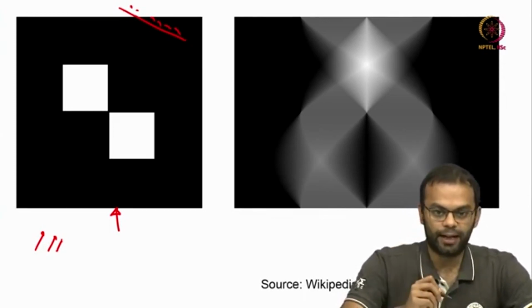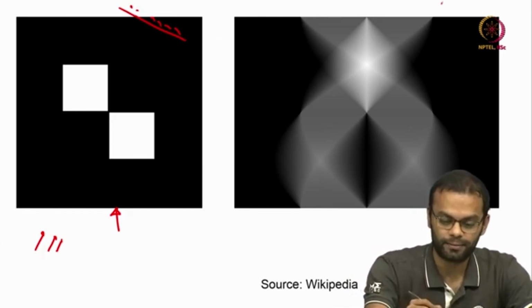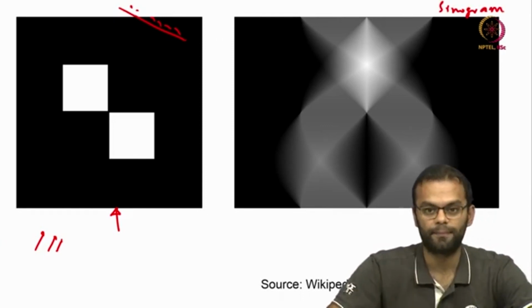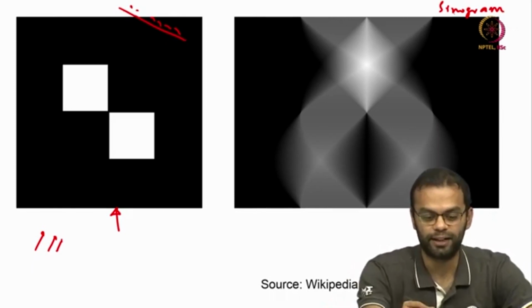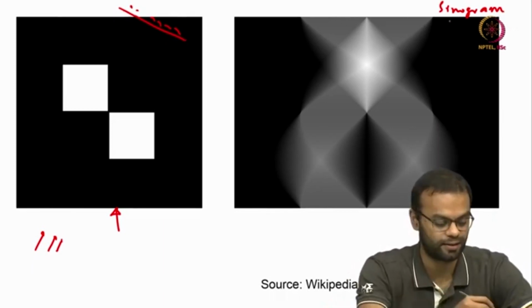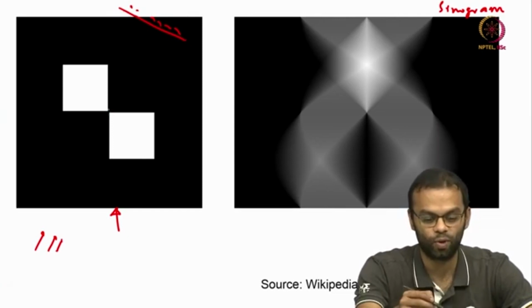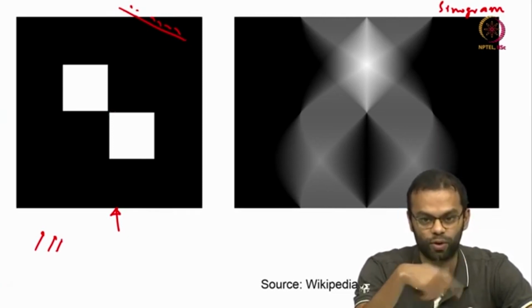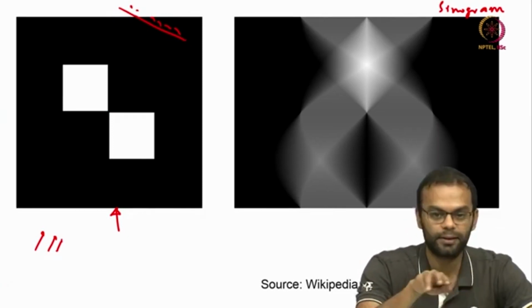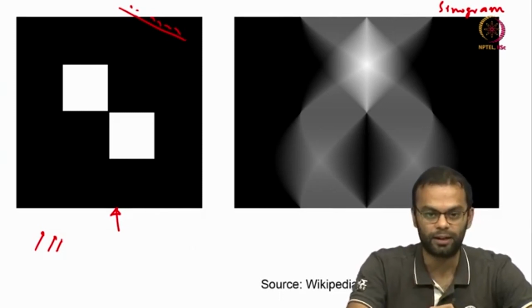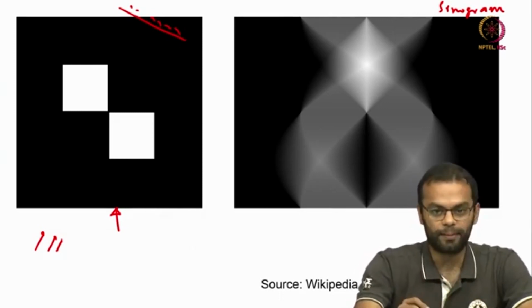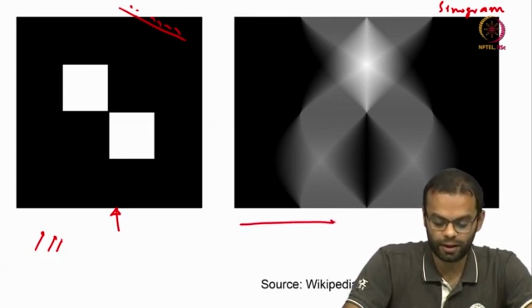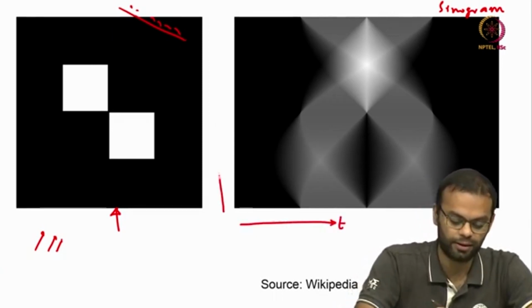The image you see on the right is something called a sinogram. That has nothing to do with China, it is just that if you take a single spot here, you will get a sine wave in this image as you rotate it, but we will talk about that in a minute. So how do you interpret this? This is your t axis and this is your theta axis.